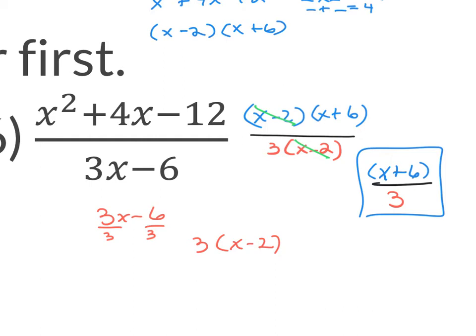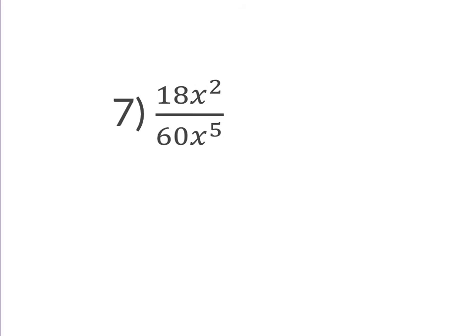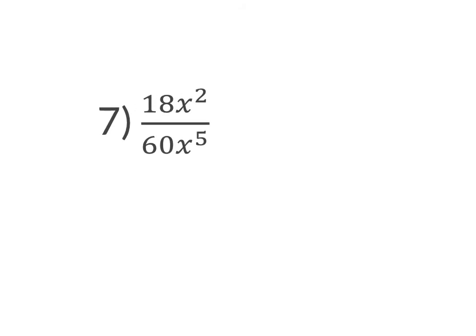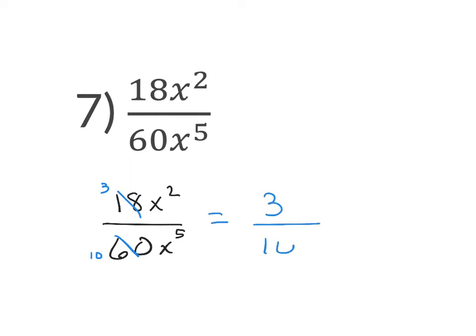Simple fraction. You can choose to factor it or just reduce. Let me rewrite the problem here. If you decide just to reduce the 18 over 60, I can divide them both by 6. This becomes a 3/10. And then I can also take care of the x's.